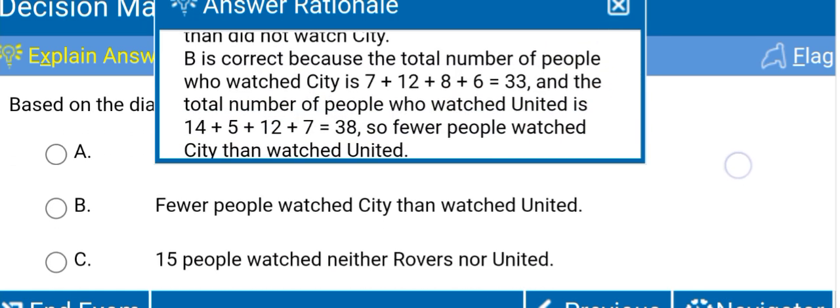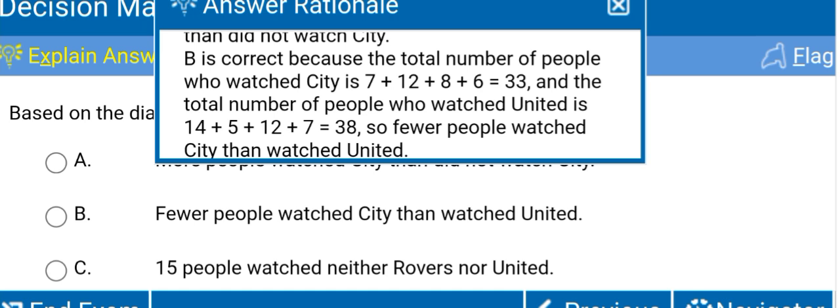And B is correct because the total number of people who watched City is 7 plus 12 plus 8 plus 6 equals 33. And the total number of people who watched United is 14 plus 5 plus 12 plus 7 equals 38.